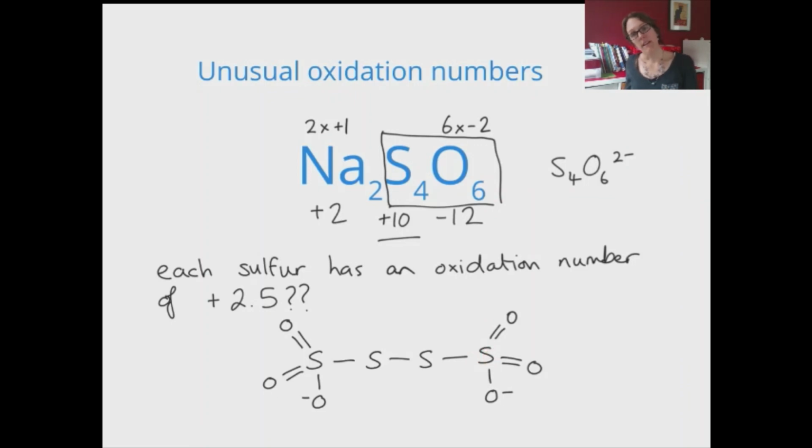The sulfurs on the end, each forming 5 bonds with more electronegative elements, with oxygen, can each be thought of as being a +5 oxidation state. So in total, amongst 4 sulfurs, the total oxidation state is +10. But of course, 2 of the sulfurs are 0 and 2 of the sulfurs are +5. So this is where we get unusual oxidation numbers instead.